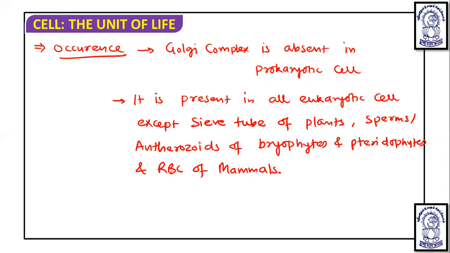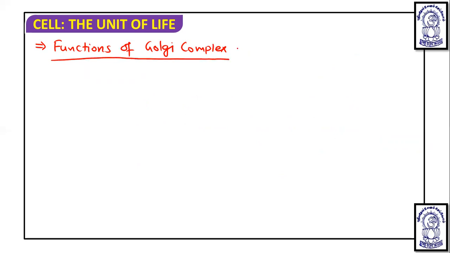Now this is about the structure and occurrence. Now we are going to talk about the functions. When we talk about the functions of the Golgi complex, number one is cell secretion.